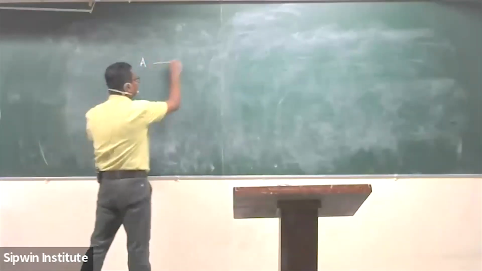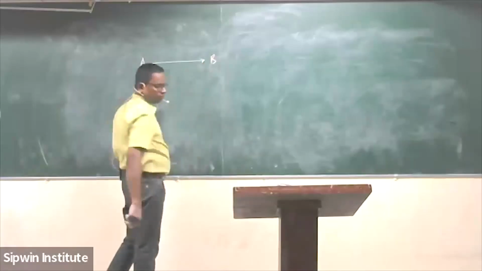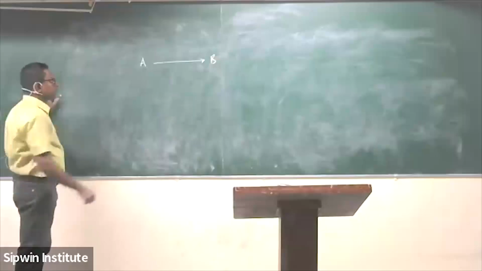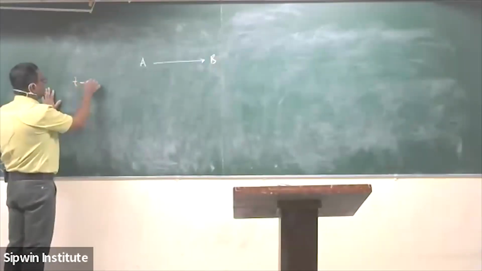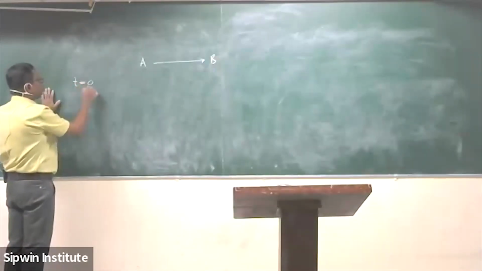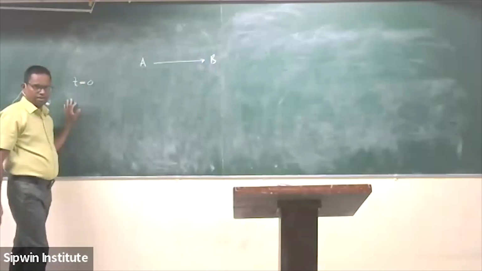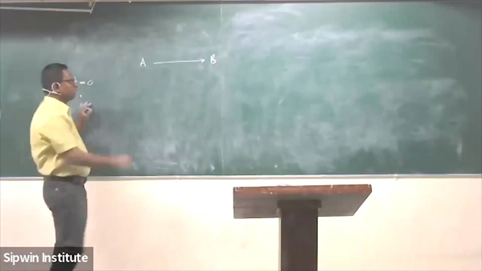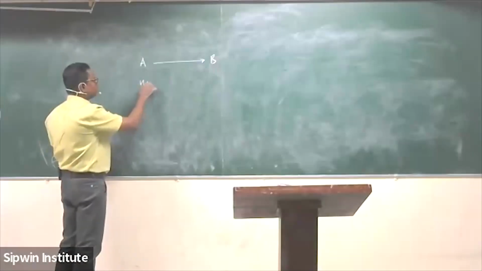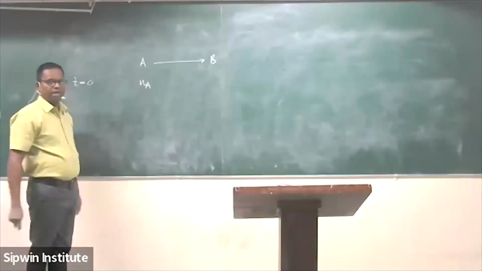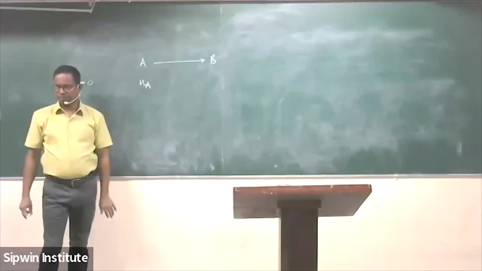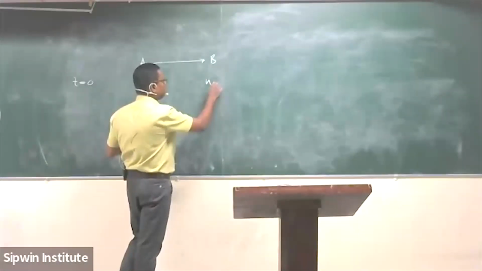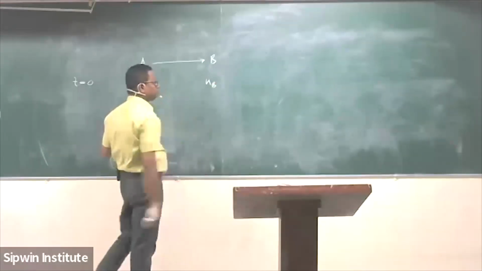A into B. Time period: t equals 0 at the beginning, initial. Amount of A, I will mark that as NA. Amount of B, NB.